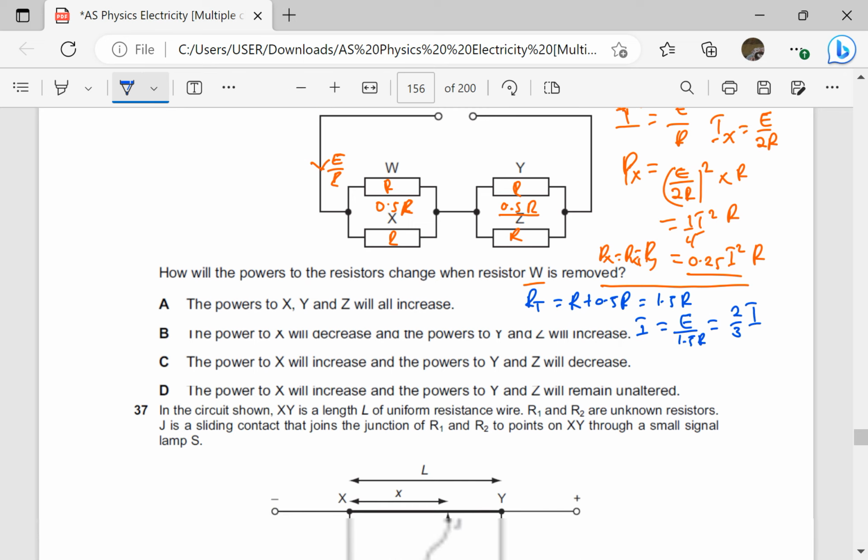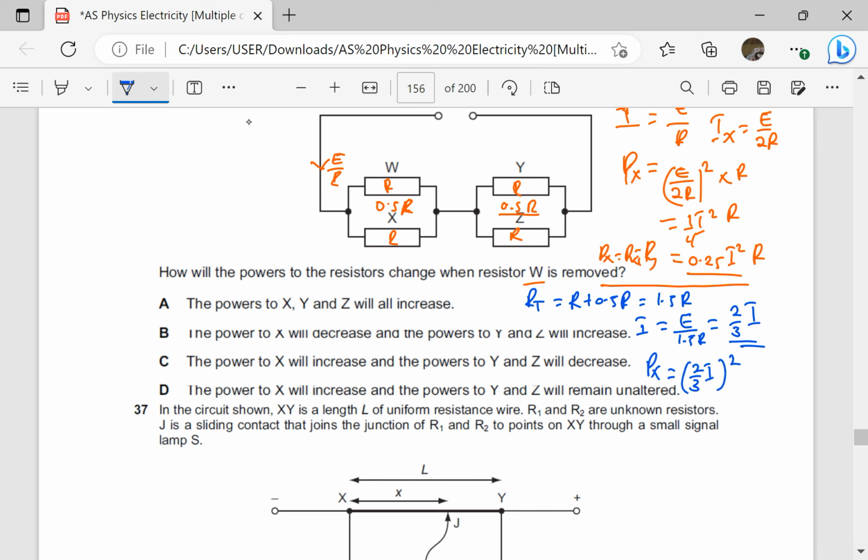So if I try to find the power in X, remember, all this current here is going to go through X. So the power in X is going to be equal to I squared, which is 2 over 3 I, that is current squared.